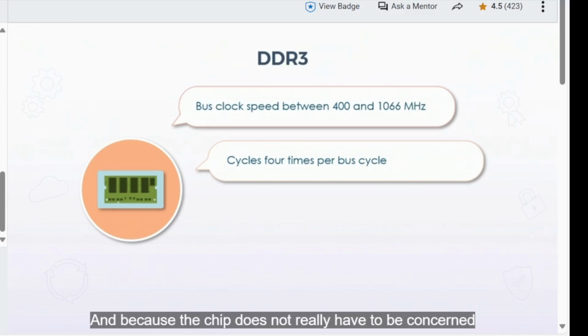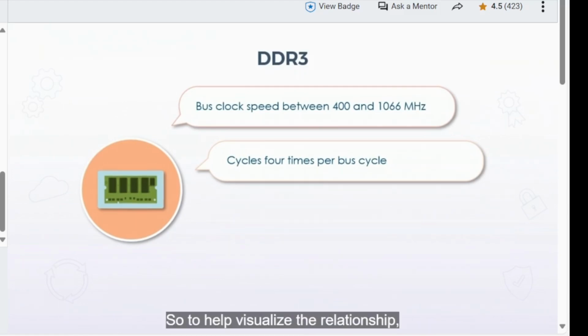And because the chip does not really have to be concerned with anything else that might be going on within the system, chip speeds are invariably faster than bus speeds. So to help visualize the relationship, just imagine an actual bus stop. The bus comes along at regular time intervals to transport people to a particular location. That's the bus speed.